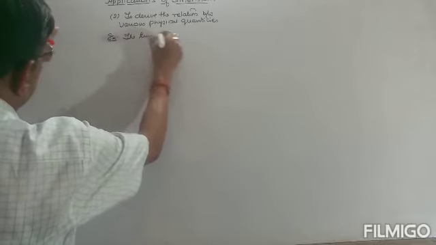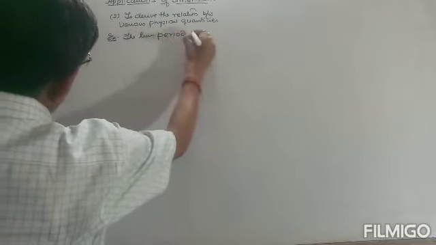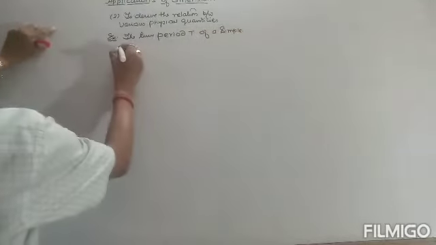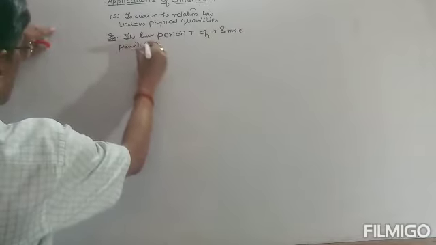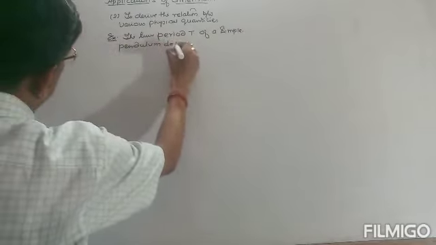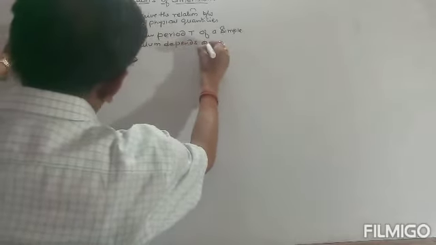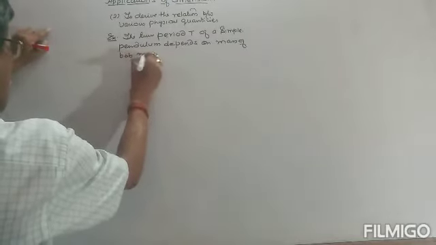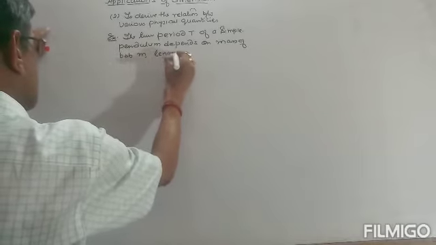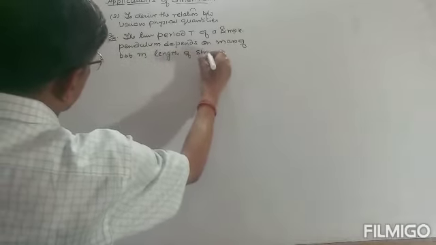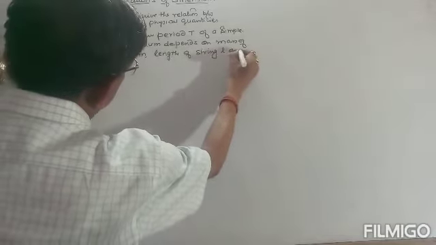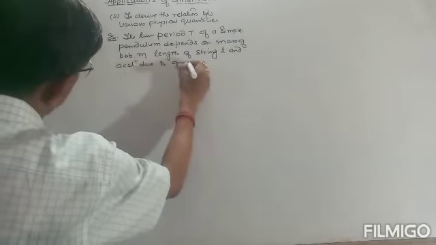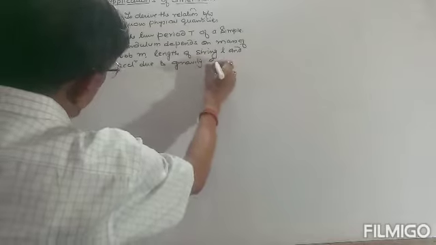The time period T of a simple pendulum depends on mass of bob m, length of string L, and acceleration due to gravity g.